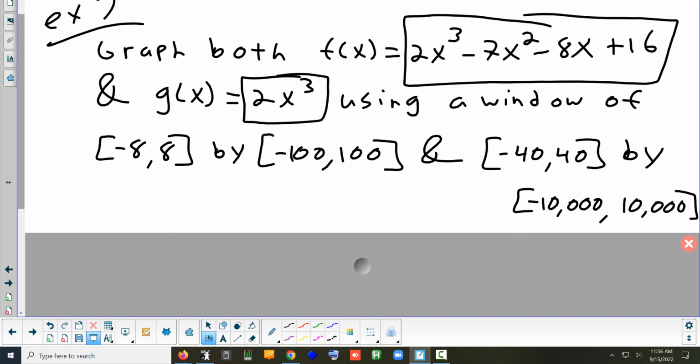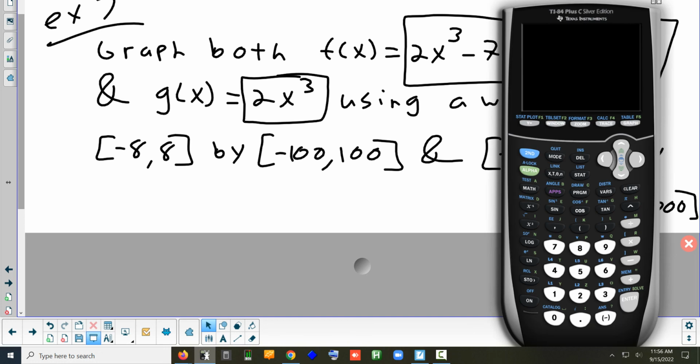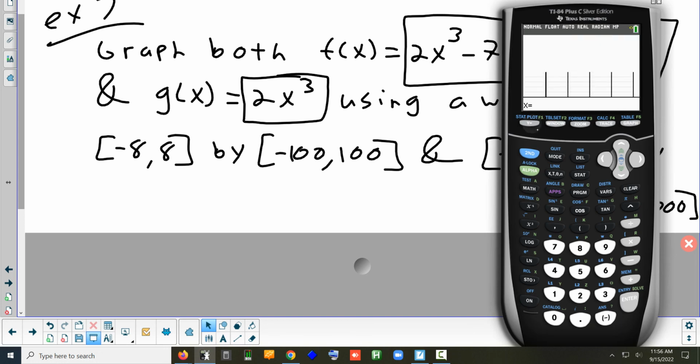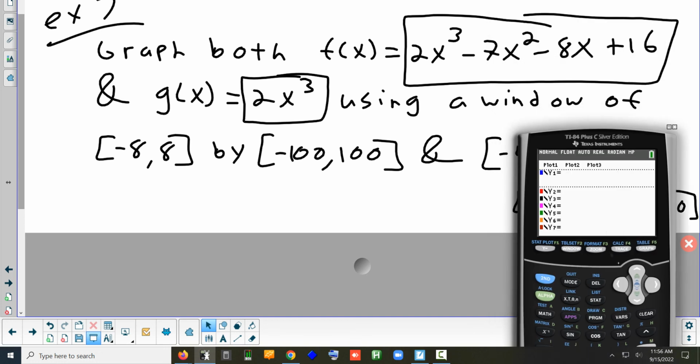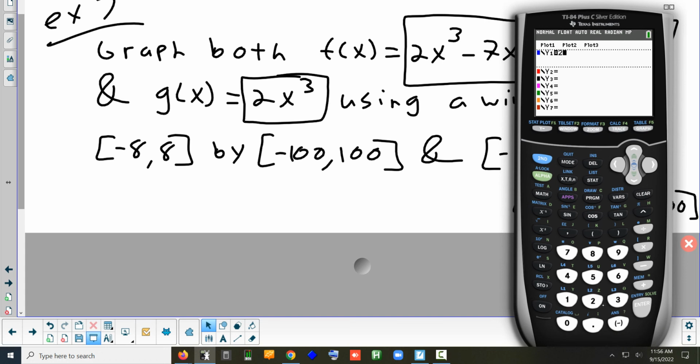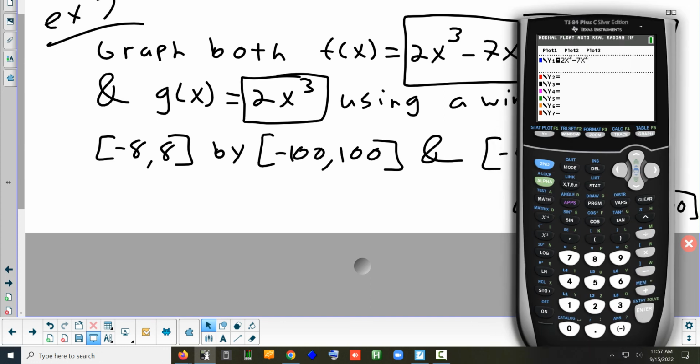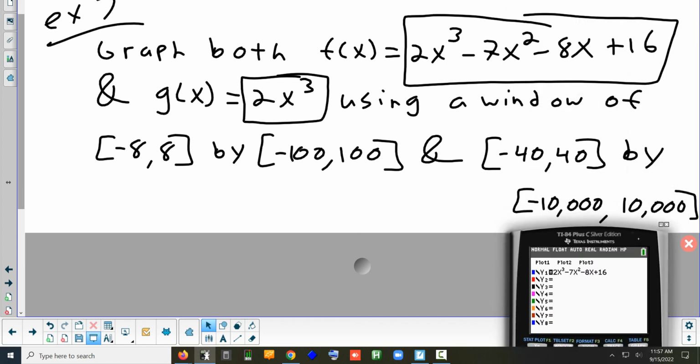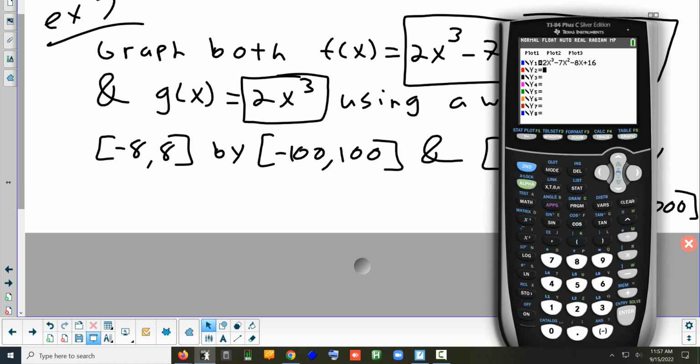And let's start with the first window they give. So we've got 2x cubed minus 7x squared minus 8x plus 16. And then let's graph 2x cubed on y2.